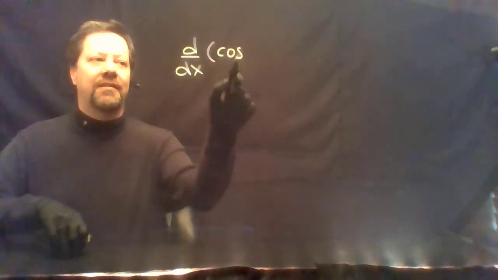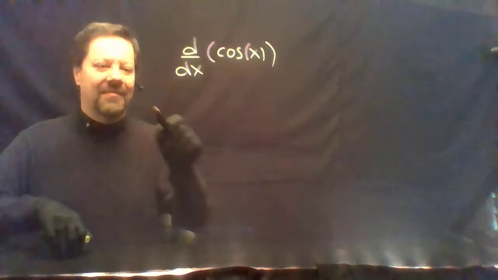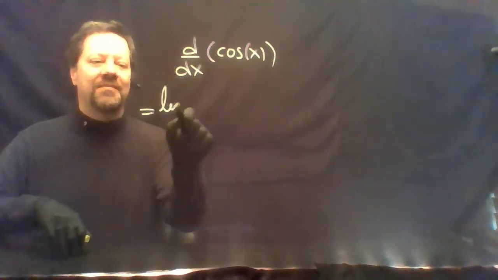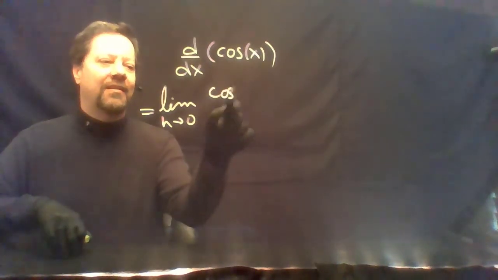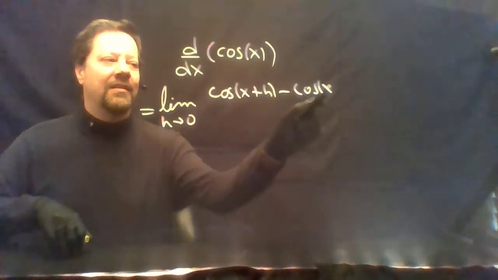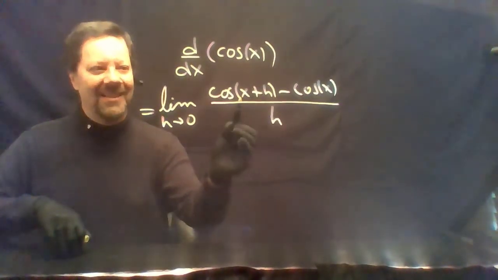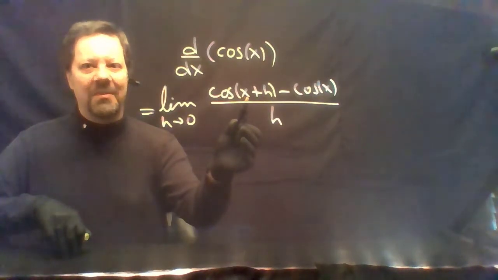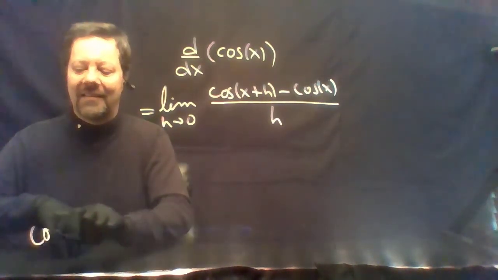Okay, let's calculate the derivative of cosine x then. This should be the limit as h goes to 0 of the cosine of x plus h minus the cosine of x, all over h. Do you remember the sum of angle identity for cosine? Yeah.